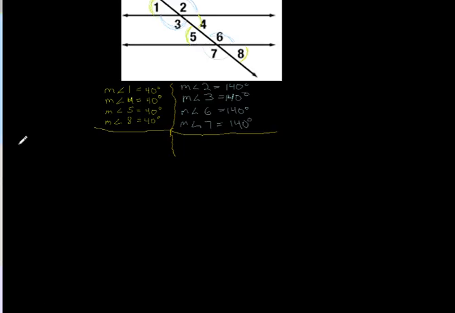Actually state that the measure of angle 1 is congruent. That's the congruent sign there. Change the color on that. This is congruent to the measure of angle 4. That is congruent to the measure of angle 5.